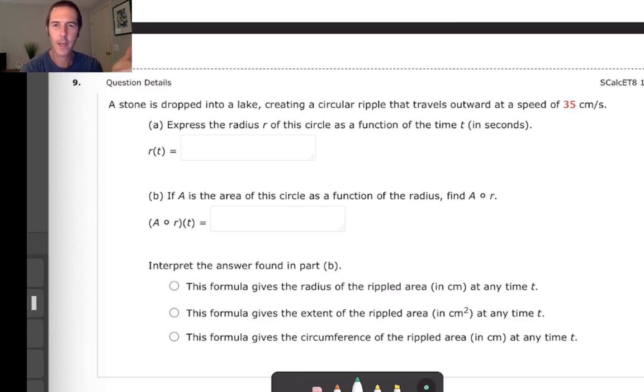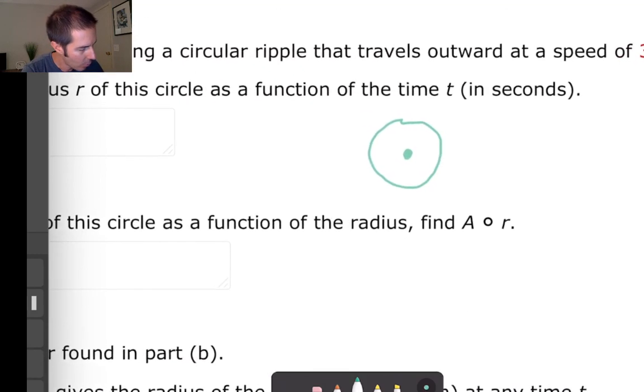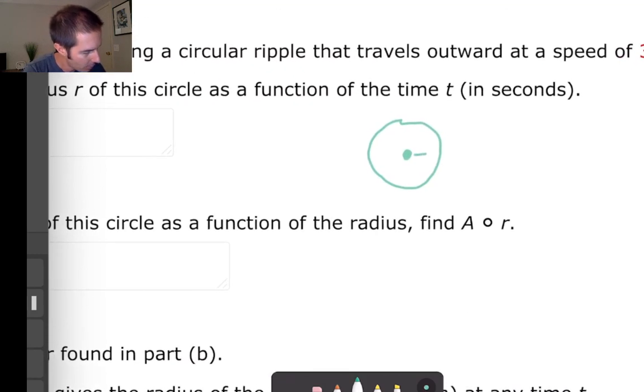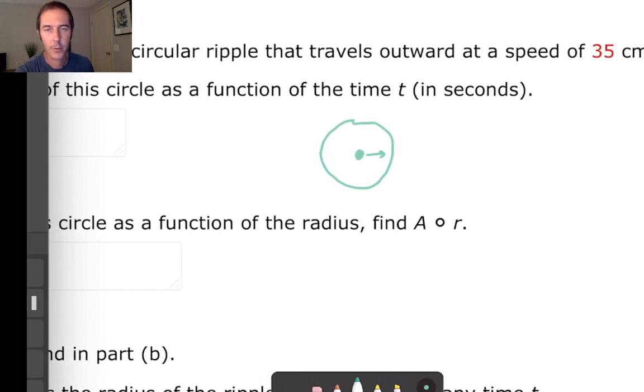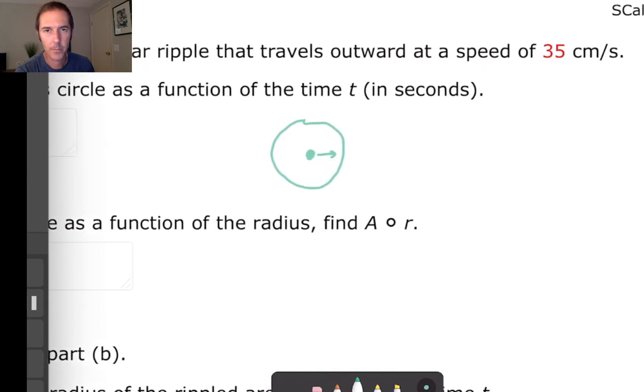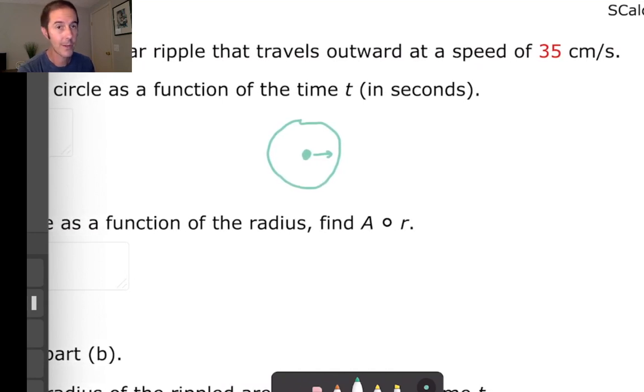So after 1 second, 1 second later, the ripples will have radiated outward. And after 1 second, how far away from the stone do you think the ripples will be if the ripples are traveling at 35 centimeters per second? After 1 second, I would say 35 centimeters.